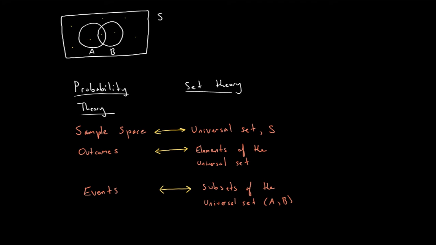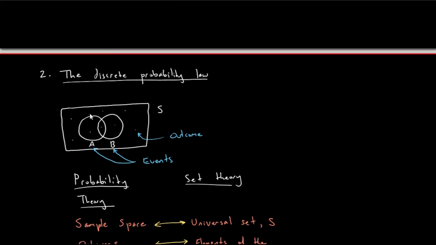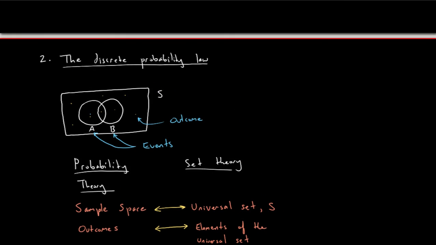Maybe if I just do this and label them, each of these is an outcome. And A, of course, these we understand, these are events. And we did some examples before, so we're not going to talk about that again.